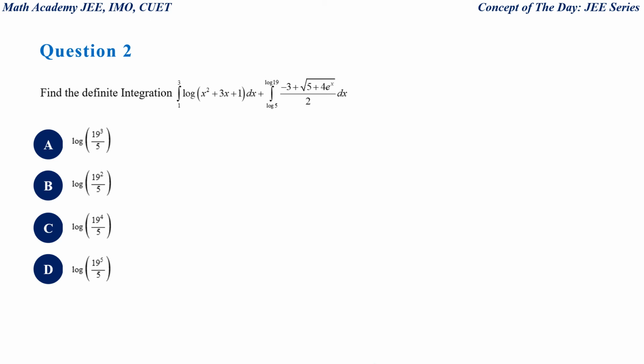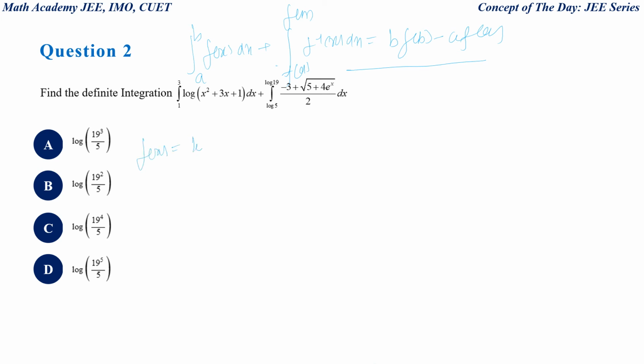Let's write the initial property, that will be the integral from a to b of f of x dx plus the integral from f of a to f of b of f inverse x dx is equal to b times f of b minus a times f of a. This is the original property. We are going to apply this property to solve these questions. The objective remains the same again. We need to identify f of x.